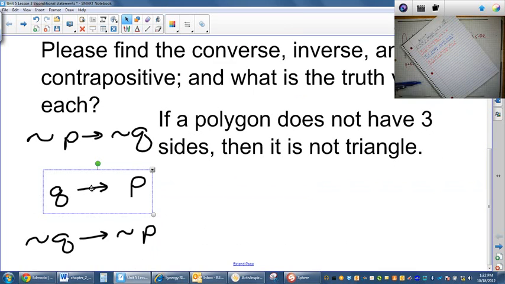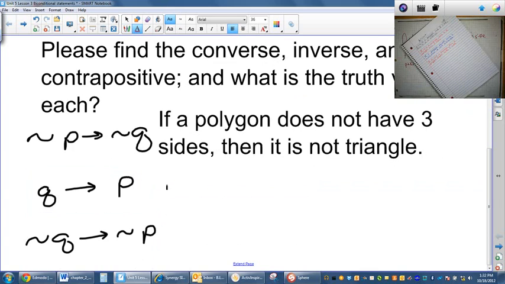The converse. If the original statement was if a polygon has three sides, then it is a triangle, the converse is going to be what? Go ahead, Kate. What would the converse be?